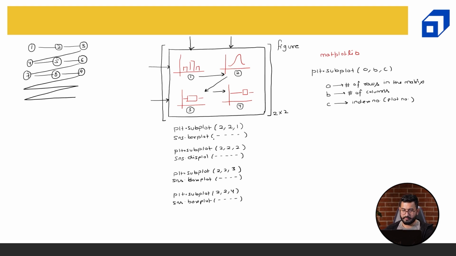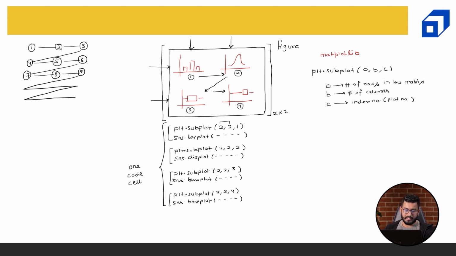So here you can see that in the code that I have written for plt.subplot, the parameters a and b are fixed because the matrix is defined, that I'm having 2 rows and 2 columns. But the parameter plot number will change, and below each line of code I have to write the code to generate the plot. So assume that this is 1 bucket, 2nd bucket, 3rd bucket, 4th bucket, but you have to write all this code in one code cell.